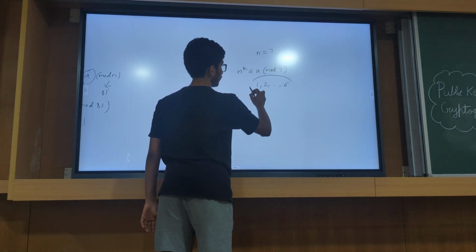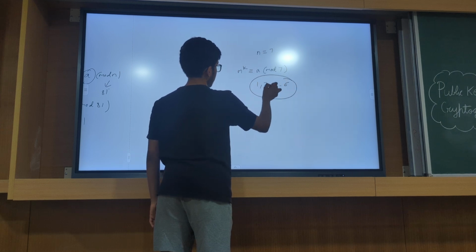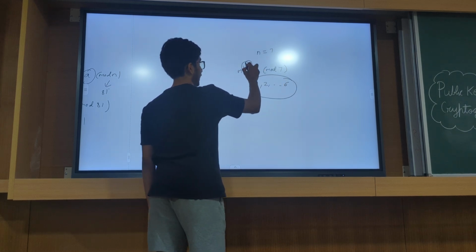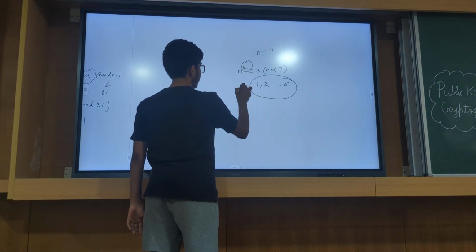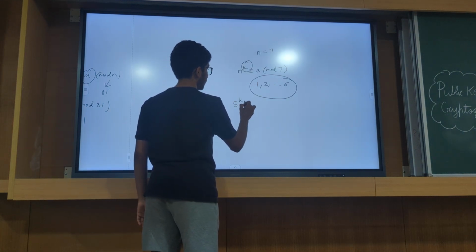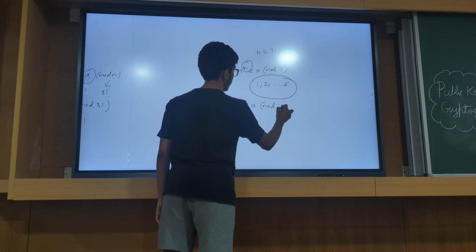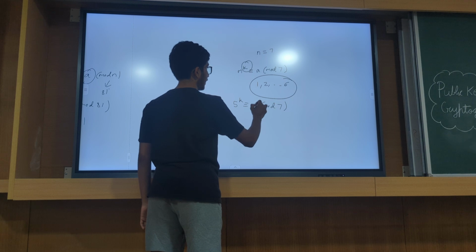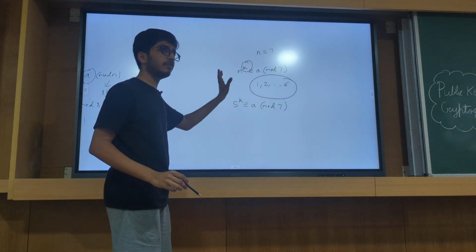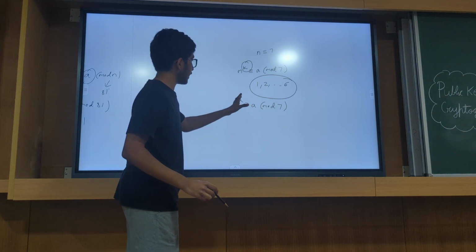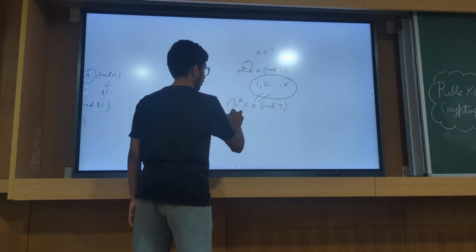So for each of these numbers, when you put a equal to 1, a equal to 2, until a equal to 6, in all the cases you should be able to find a k. So let's say m is 5. 5 power k is congruent to a mod 7. If I substitute a equal to 1, a equal to 2, and so on until a equal to 6, in each of those cases I need to have a solution for k. If I have a solution for k for each value of a here, then 5 will be called a primitive root.